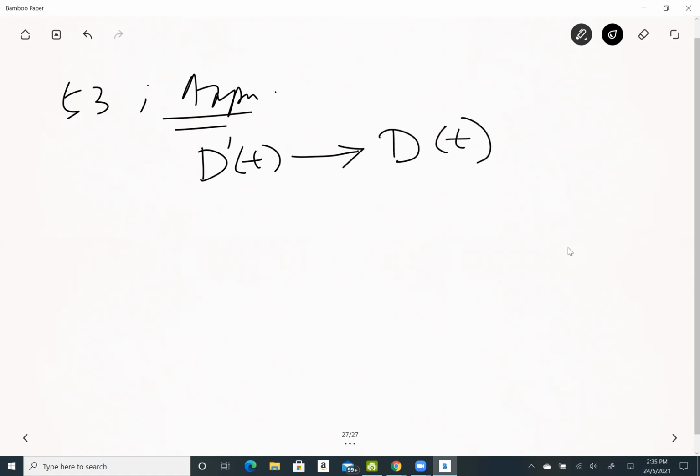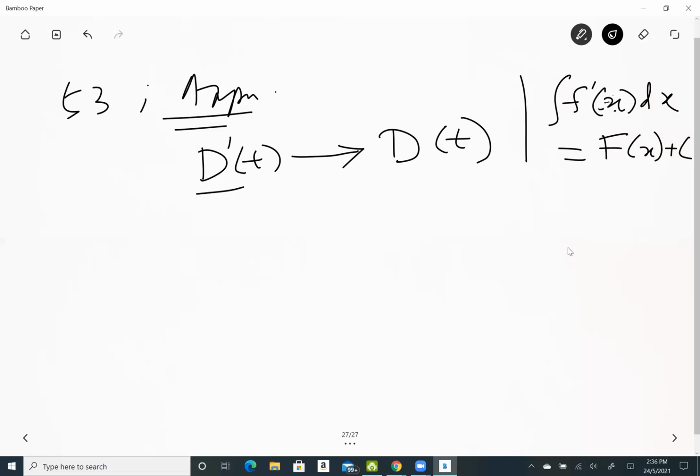So it's like an antiderivative. For what we learned earlier, if you are given the derivative f prime of x, we integrate and get f of x plus c. So you are given the rate of depreciation, you integrate, and you will get depreciation. So that is the question.